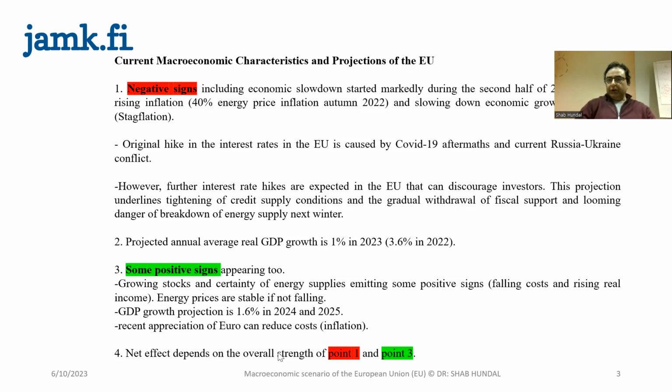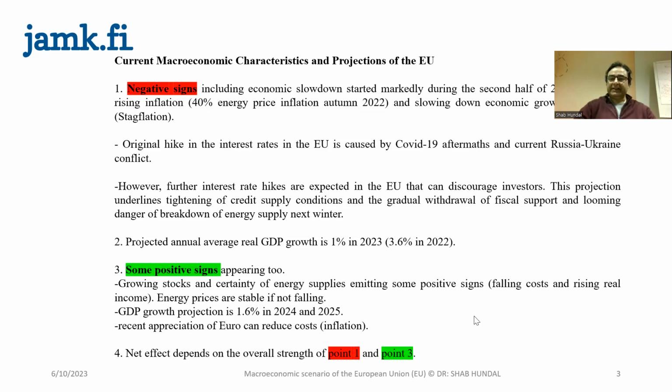Now, whether overall we achieve a positive, which means a favorable situation, or a negative, the unfavorable situation, depends upon the difference between point one, this red background, and the green background, which is the positive sign. So let's see.